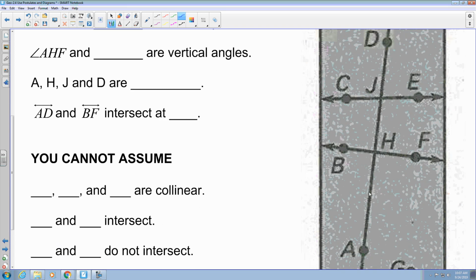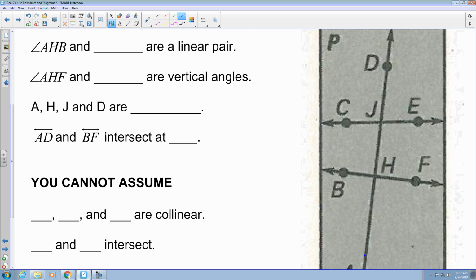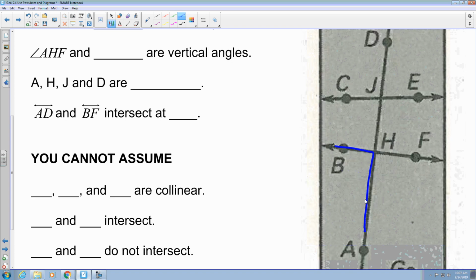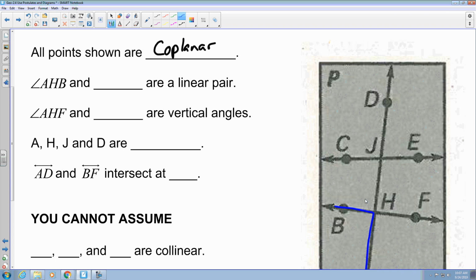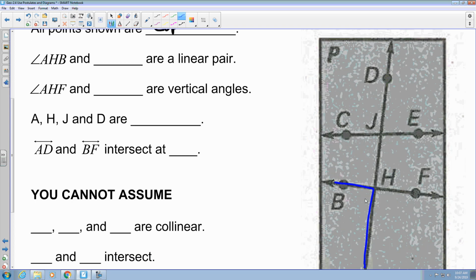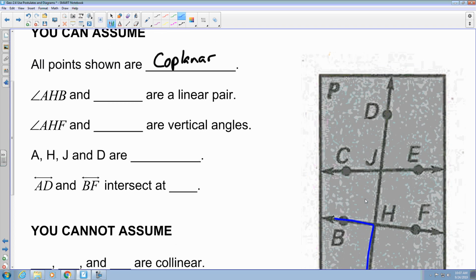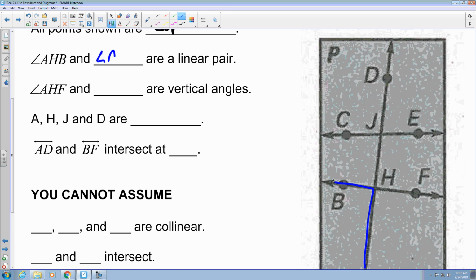Let's find out where A, H, B are. We could also say that AHF are a linear pair. So AHB, we could say that that is angle AHF.